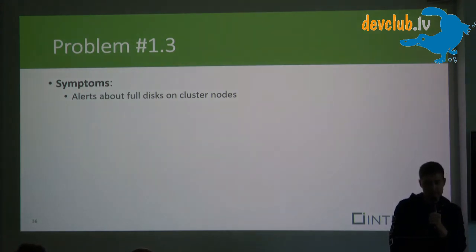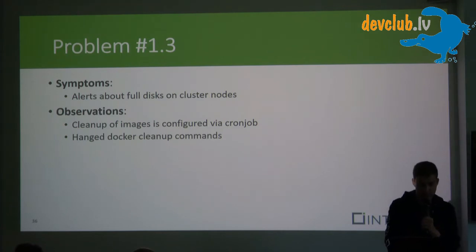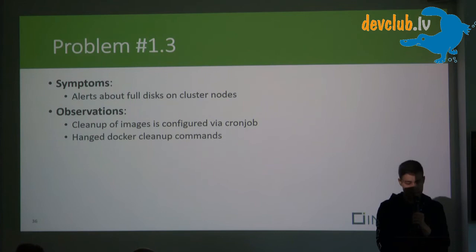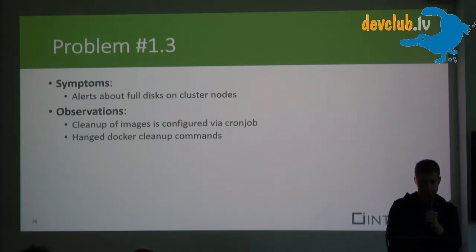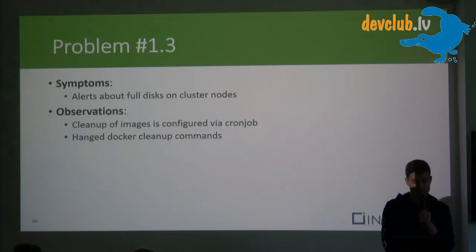One day we received a notification about full disks on some of our nodes. And we are building a lot of stuff very actively, so a lot of Docker images are being produced. And we had a cron job that was cleaning up unnecessary images.